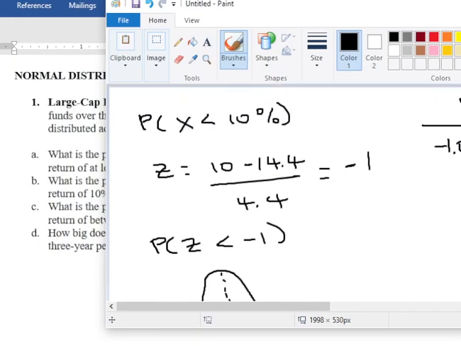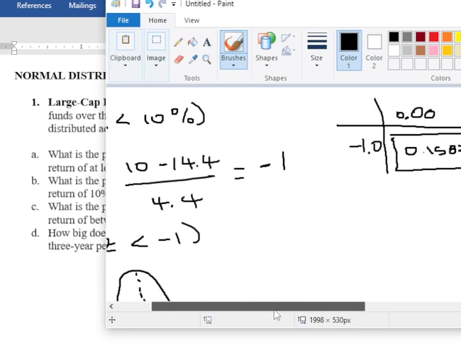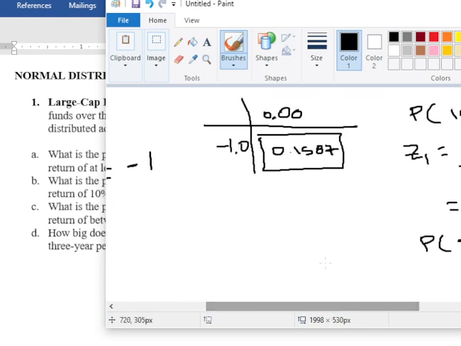Let's keep going. Then we're going to go directly to the normal tables. We go directly because guess what? This is already less than, so it's already cumulative. So we didn't have to subtract from 1 or do anything fancy. We just go directly to our normal tables. We look for -1.0 and then 0, 0, because it's -1, that's a Z value, right? So that's a 0, 0.